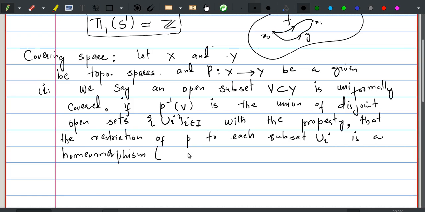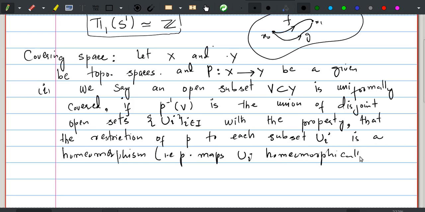This means that P maps U_i homeomorphically onto V. In this case we say P uniformly covers V, i.e. V is said to be uniformly covered by P.